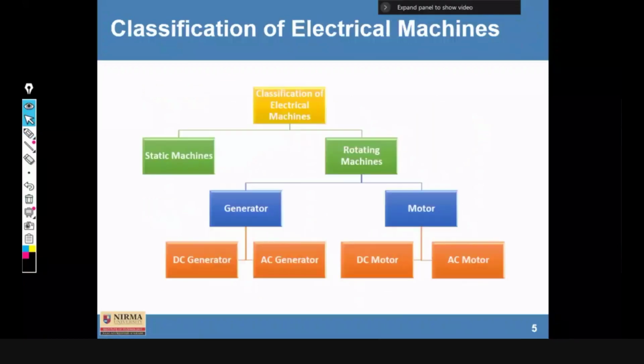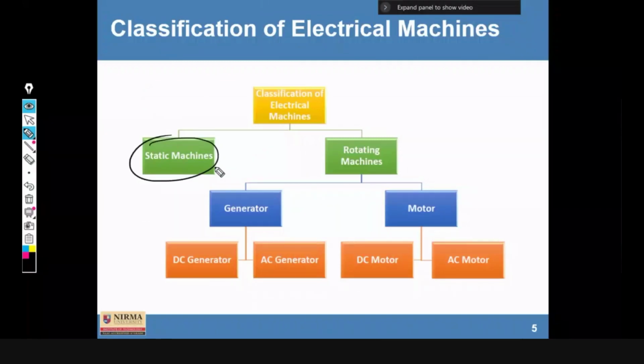Now let us see the classification of different motors. Fine. So there are certain machines, some linear or static machines, and rotating machines. Rotating machines are of the kind generator and motor, as we already discussed. Again, generators are of two different types based on the supply.